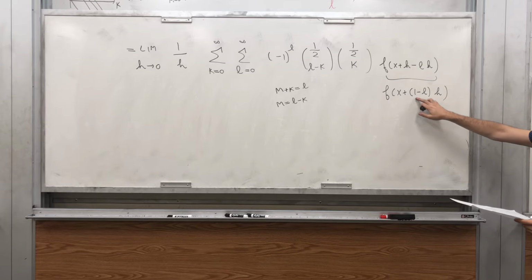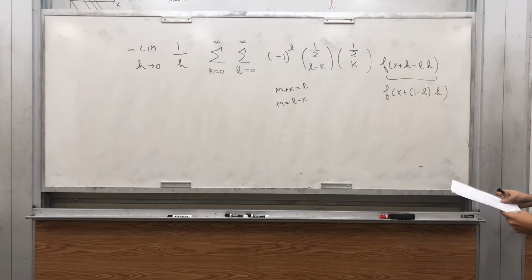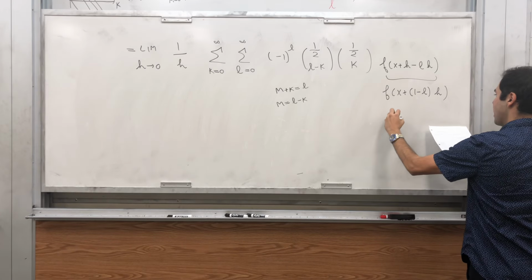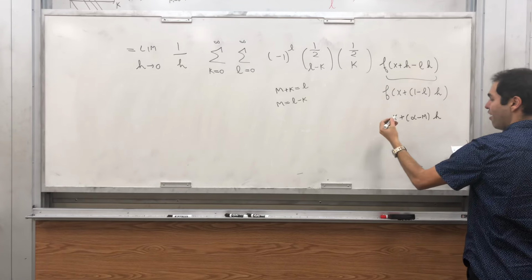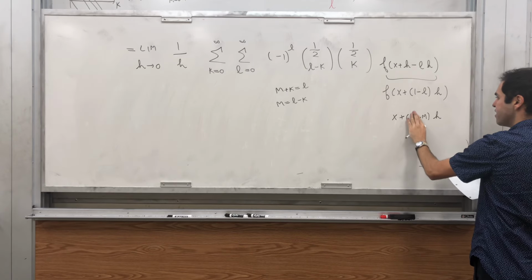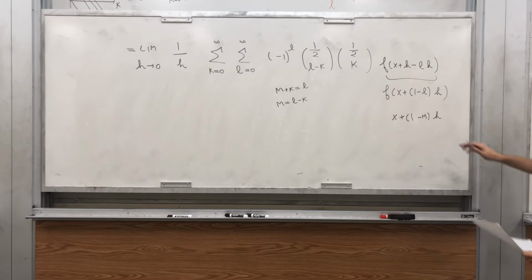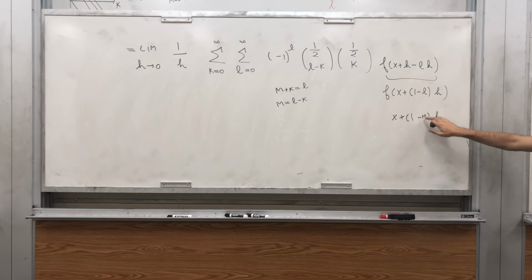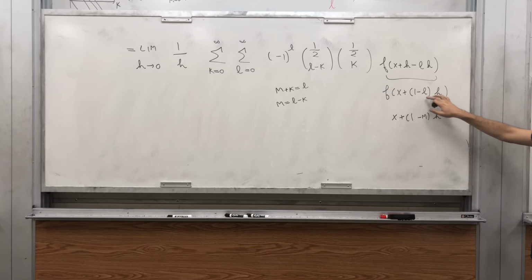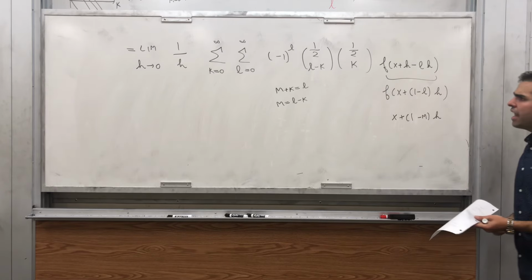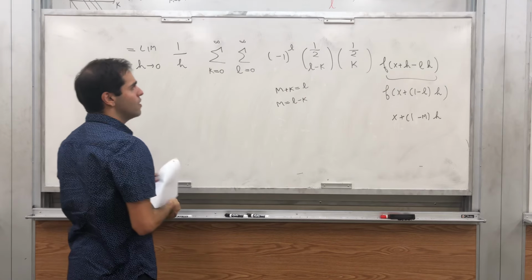Remember, for the half derivative we had 1/2 minus m, and for the fractional derivative we want x plus alpha minus mh, which for alpha equals 1, the ordinary derivative, we want x plus 1 minus mh. And m is just a dummy variable, so we have achieved this part, f of x plus 1 minus LH. We also have this minus 1 to the L.